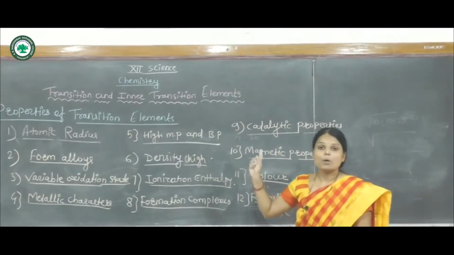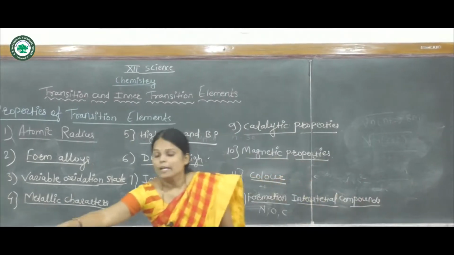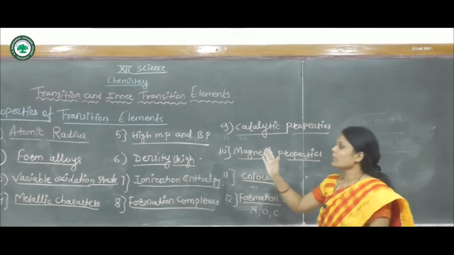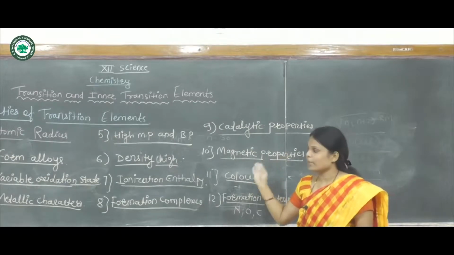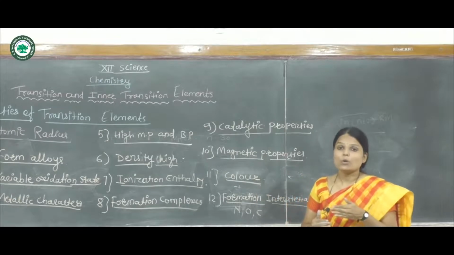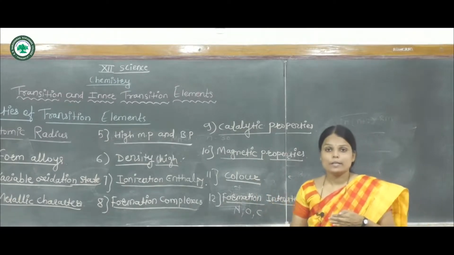today. The first property is atomic radii. We know that the atomic radius first decreases gradually as we move left to right on the modern periodic table, because the nuclear charge also increases.